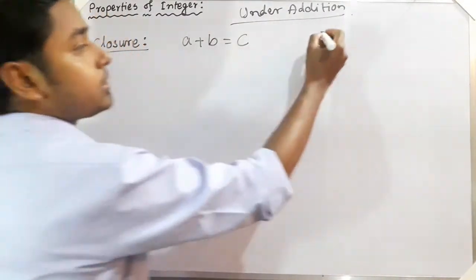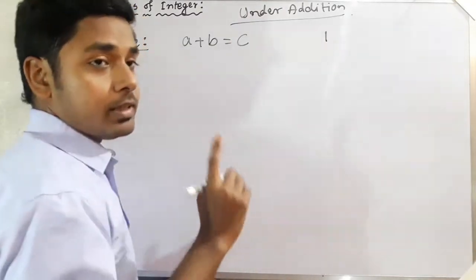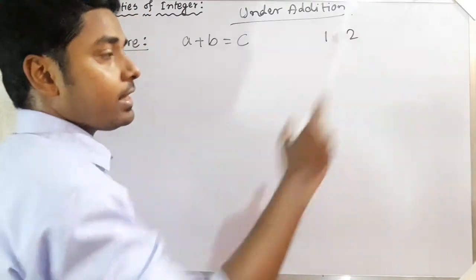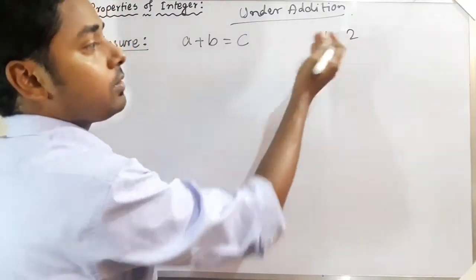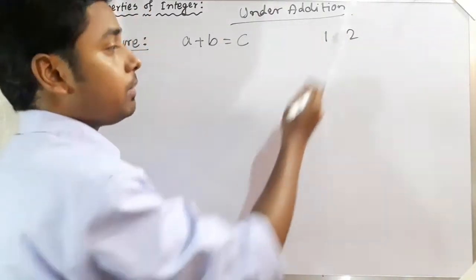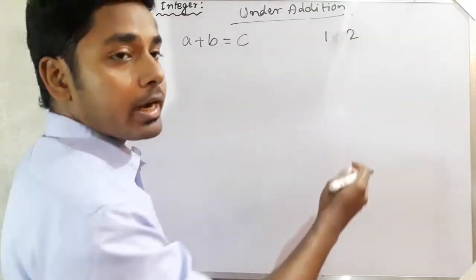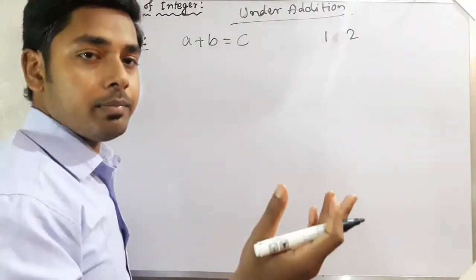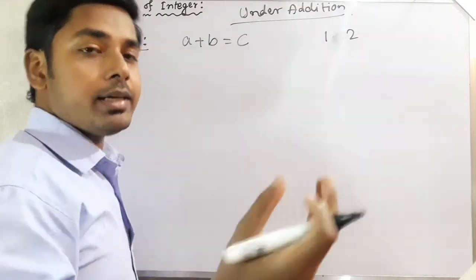Do check it. Suppose 1 is an integer, and 2 is another integer, both positive. If you take one positive and one negative, it is also correct. If you take both negative, also correct. Any integers you can take.